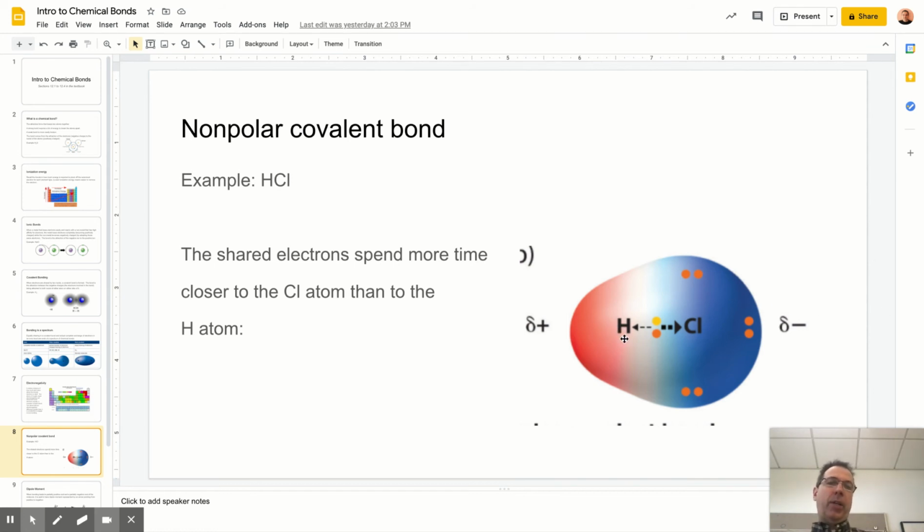And then over here on the hydrogen, the single proton and the shared electrons are a little bit farther away from it, and so it has an emergent overall delta plus, right? And so this bond, just because of the way the electrons are shared, leads to molecules that have a positive end and a negative end, which is super important with how that molecule interacts with its environment and other molecules.